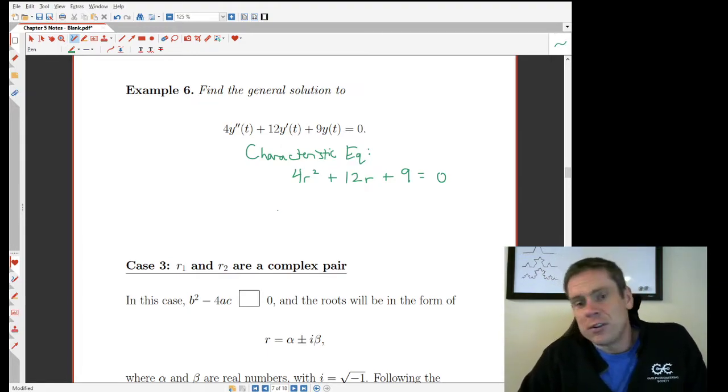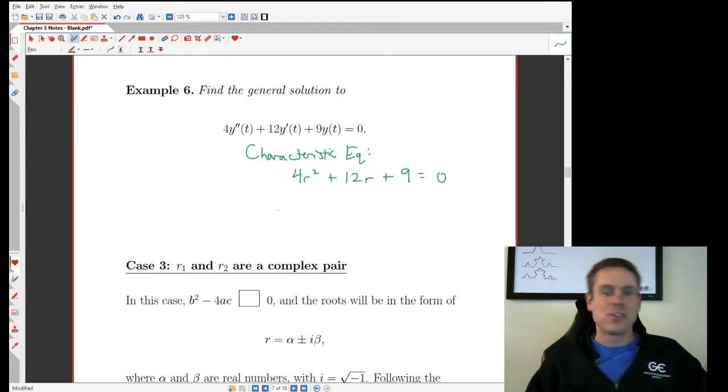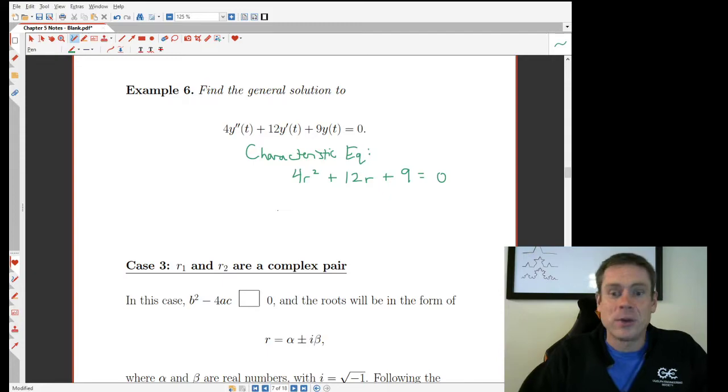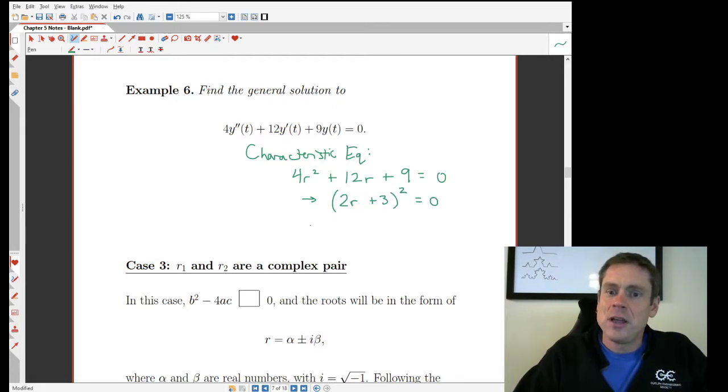You might use other factoring techniques like decomposition or whatever else, or factor theorem even, and figure out that you get the 2 repeated roots. This collapses down pretty quickly to 2r plus 3 all squared equals 0. And that means that r has to equal, well, what is it? Minus 3 over 2, it looks like, repeated twice.